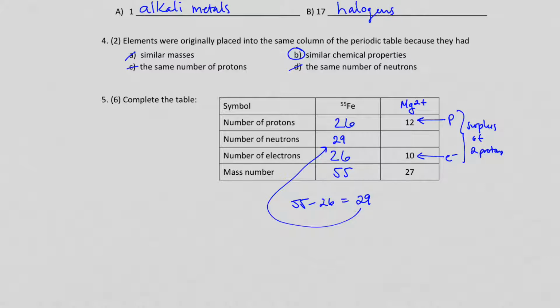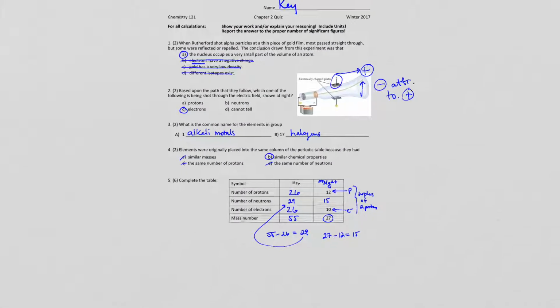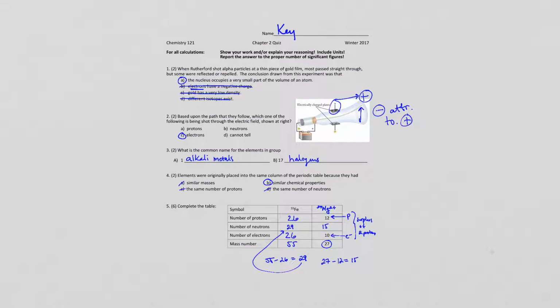We already know that we have a mass number of 27, so we can write a 27 up here where that mass number goes. And all we have to do then is say 27 minus 12, mass number minus 12 protons, equals 15 neutrons, right? Remember, our mass number is just our protons and neutrons added together because they are accepted to have the same technical mass.